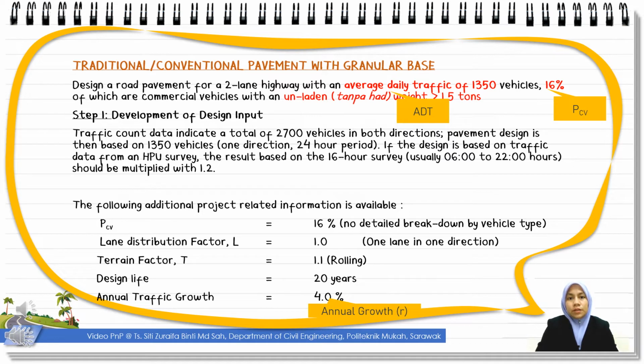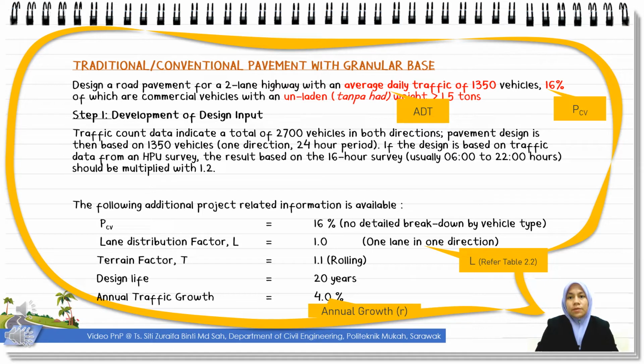You also must determine the following information from the geometric design of the road for which the structural pavement design is carried out. A. Number of lanes. From the number of lanes, you can get the value of lane distribution factor L by referring to Table 2.2.